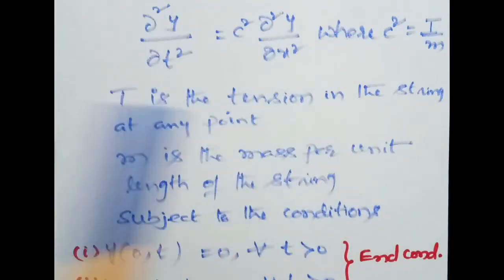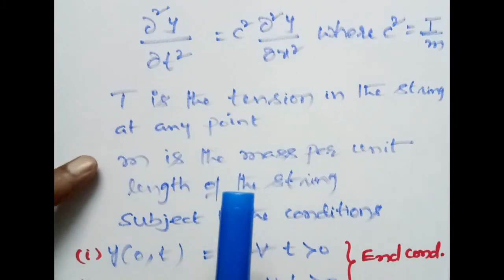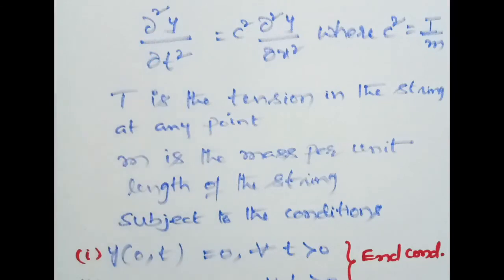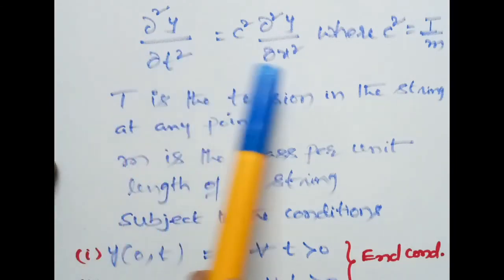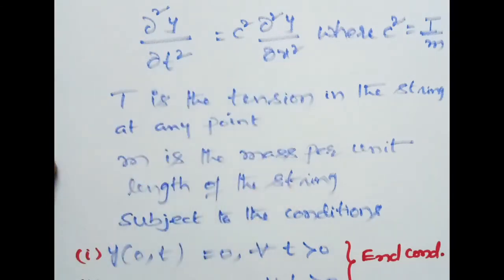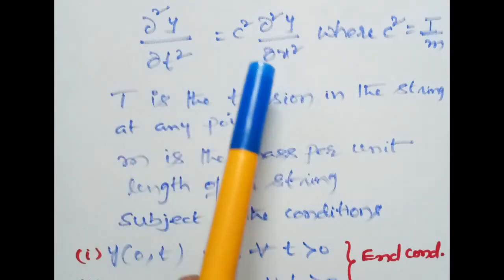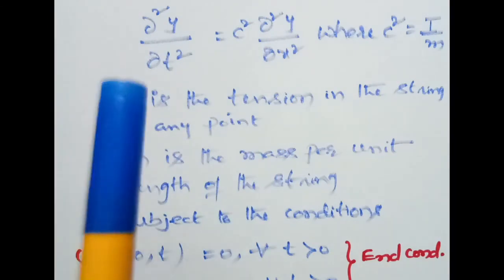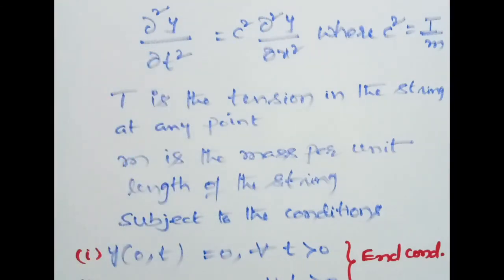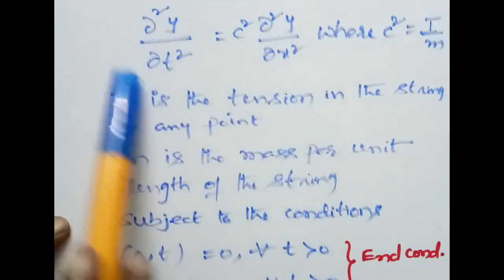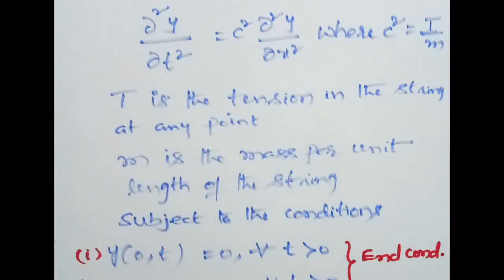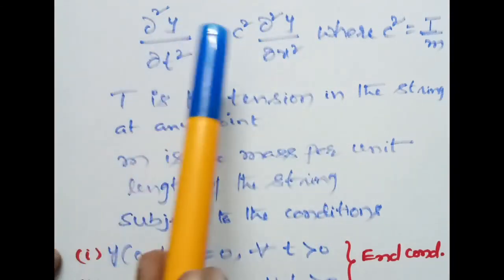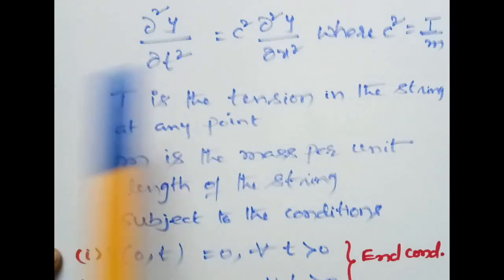We do not require the modeling, but we require here the solution of the one-dimensional wave equation. We know how to solve the second order partial differential equation, which is solved by the method of separation of variables. So next we will find the solution of this one-dimensional wave equation by the method of separation of variables.